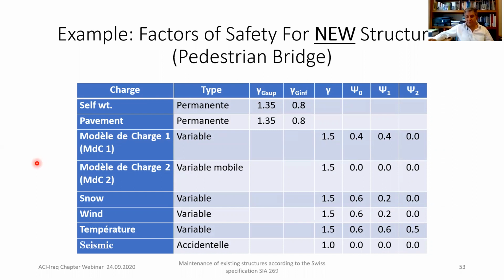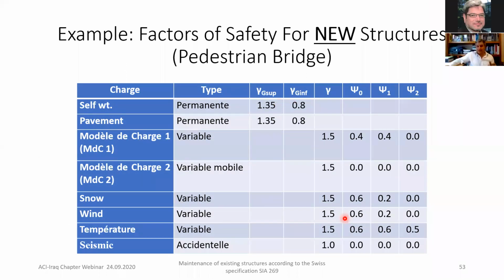As an example, I just took the two tables here, and then the next slide is about a pedestrian bridge in Freiburg. It was a small one, so we had to put all the factors of safety in a table to understand what's going on and keep everything clear, so we can find the values here with the self weight, the modal load, the snow, the wind, and temperature. We have all these factors of safety.